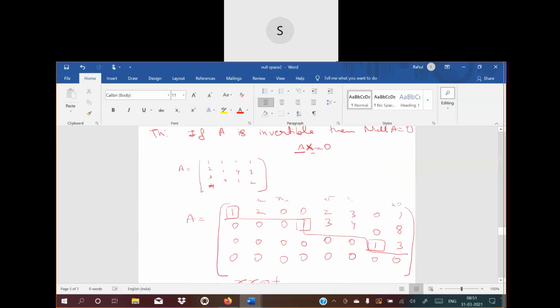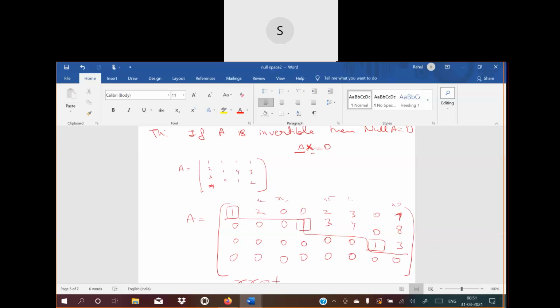See, did I tell you one thing? When you have pivots, then any other column, for example, this 7, 8, 3, 0, can be written as a combination of them. 7 times this plus 8 times this and 3 times this will become this column.